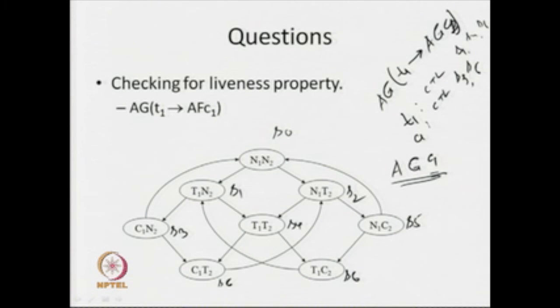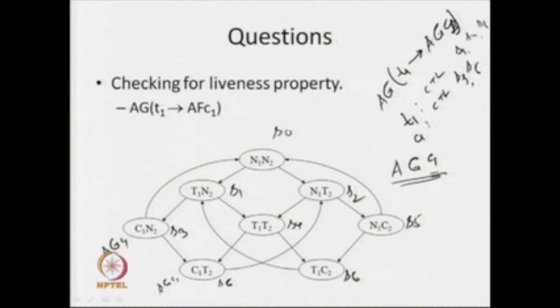So, in all paths globally, whether it is true or not. If you look into it, you will find that AG C1 is not true over here. As per our semantics, since C1 is true over here, I can say that AG C1 is true over here. Okay. So, these are the issues that we are having.